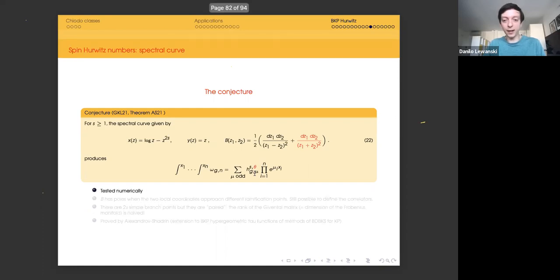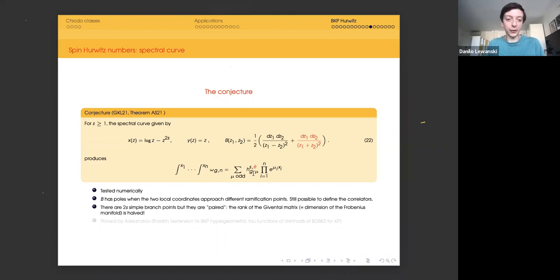We tested this numerically, and what is interesting about the spectral curve is that it does not satisfy the axioms of the spectral curve, in the sense that now you have that the two local coordinates have poles when approaching different ramification points, and this is not allowed.